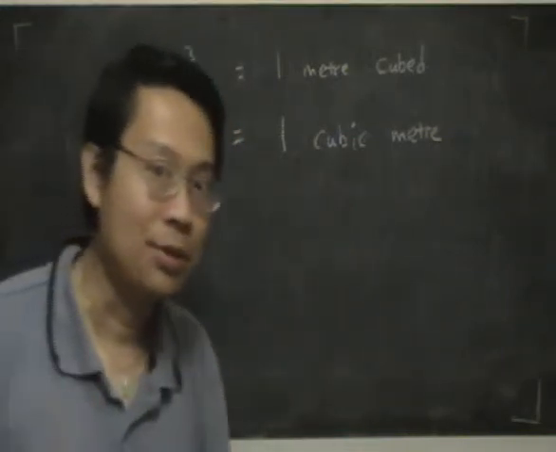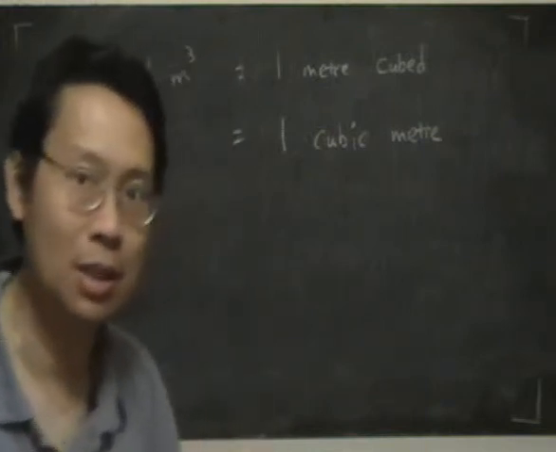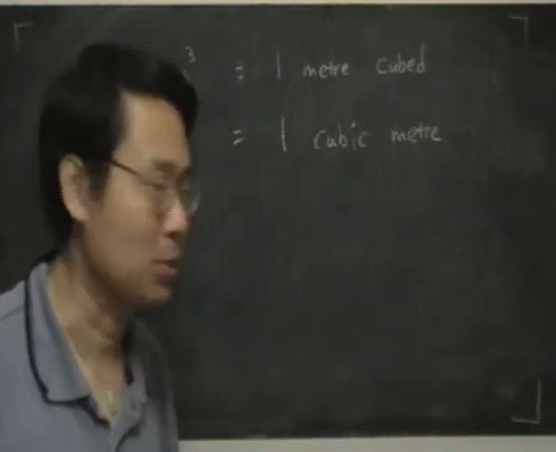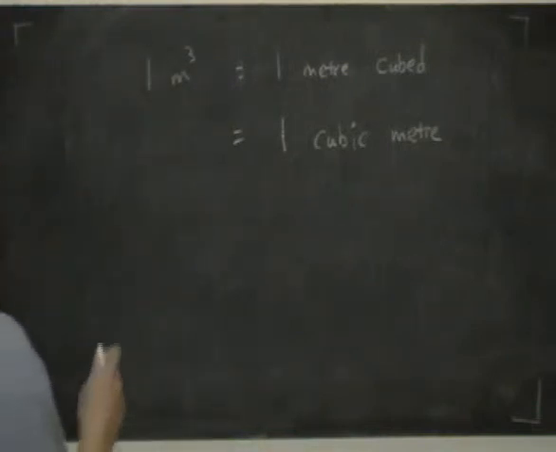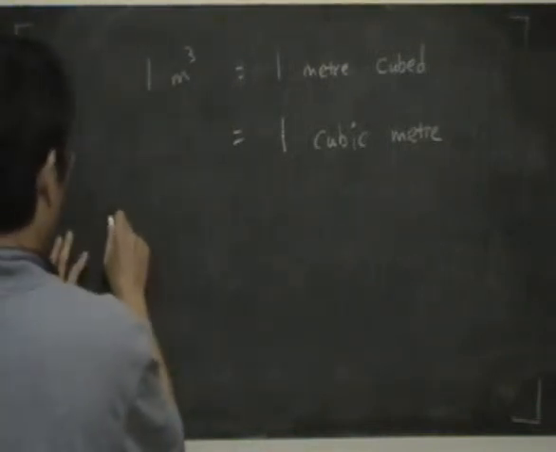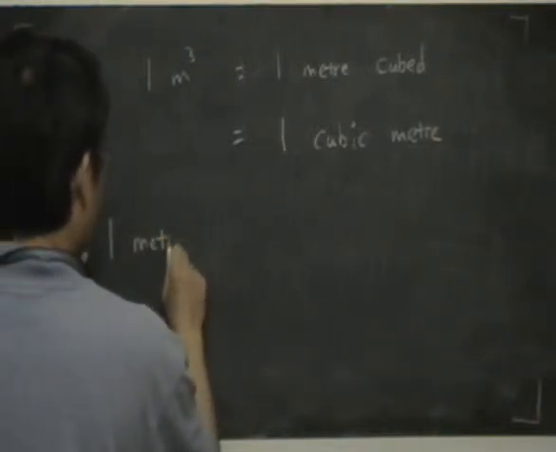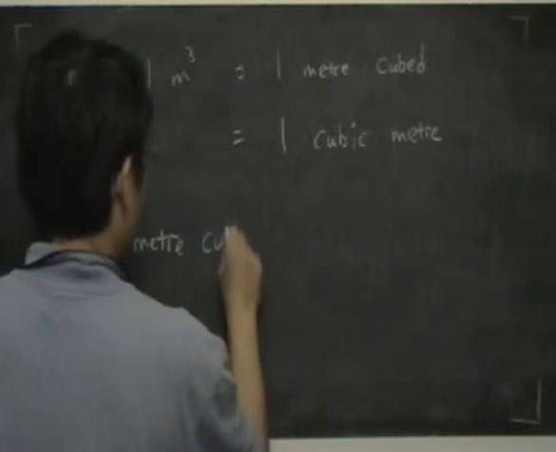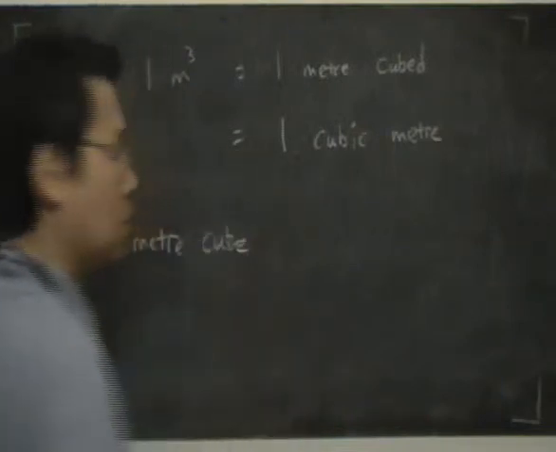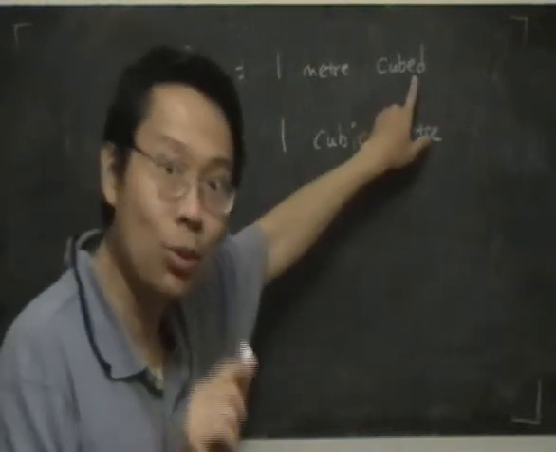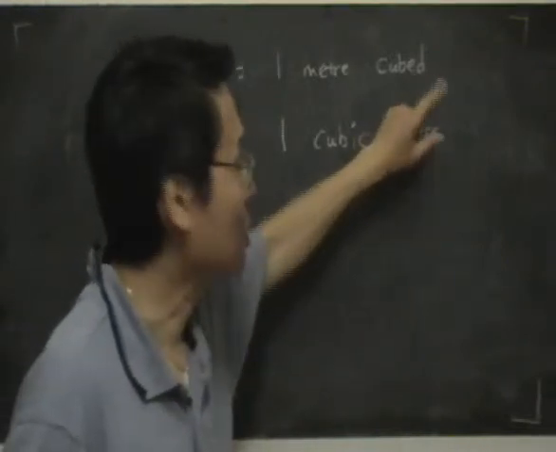Now, there is another similar term which you see sometimes. Let me write that down. It is a 1 meter cube, without the past tense, without the D.